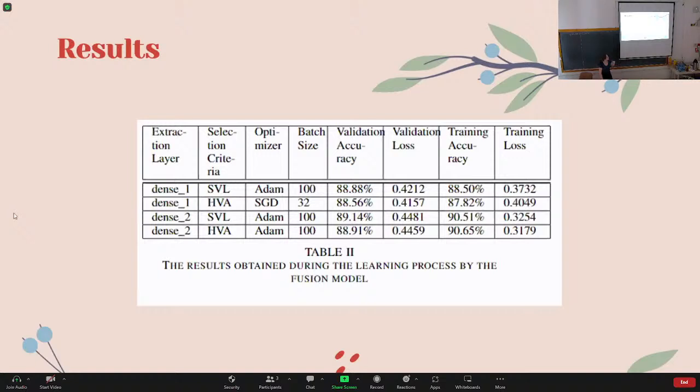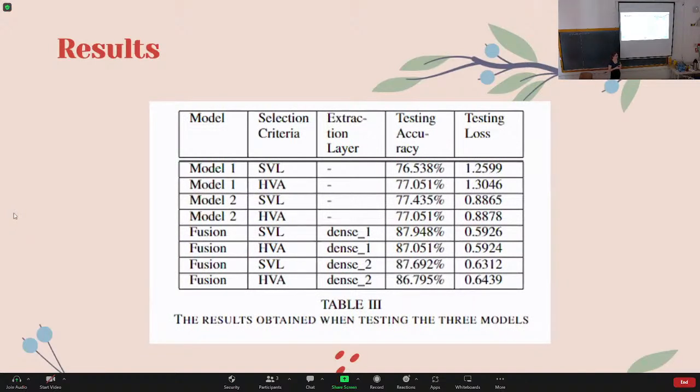In order to prove the efficiency of the fusion model, I tested all the models on a data set with 15 images per class. The images weren't seen during the training or validation. And we can see that the results are improved significantly, with about 9-10% for the fusion model.